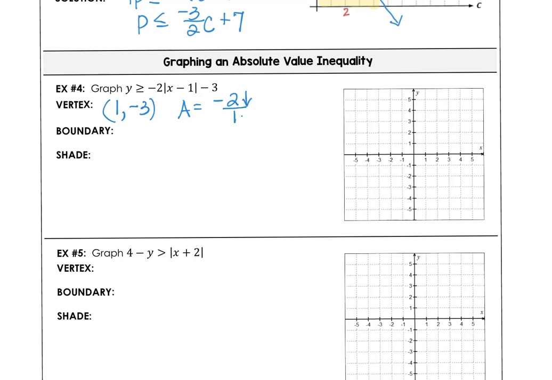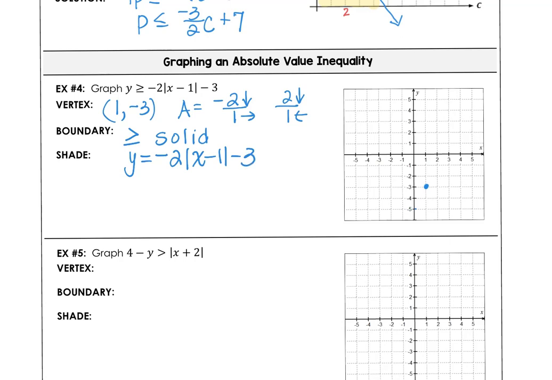We're going to move 2 down and 1 right, or 2 down and 1 to the left. Starting at (1, -3), our boundary line is greater than or equal to, so it's going to be a solid boundary, and our boundary would be y equals negative 2 times the absolute value of x minus 1, minus 3.